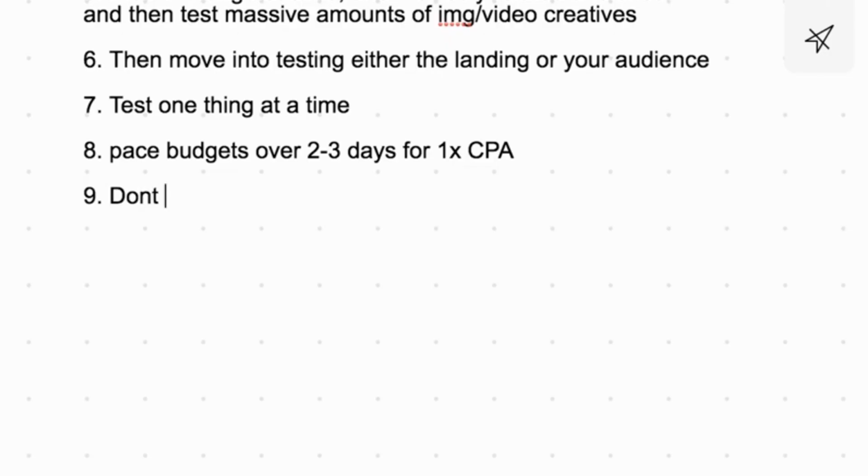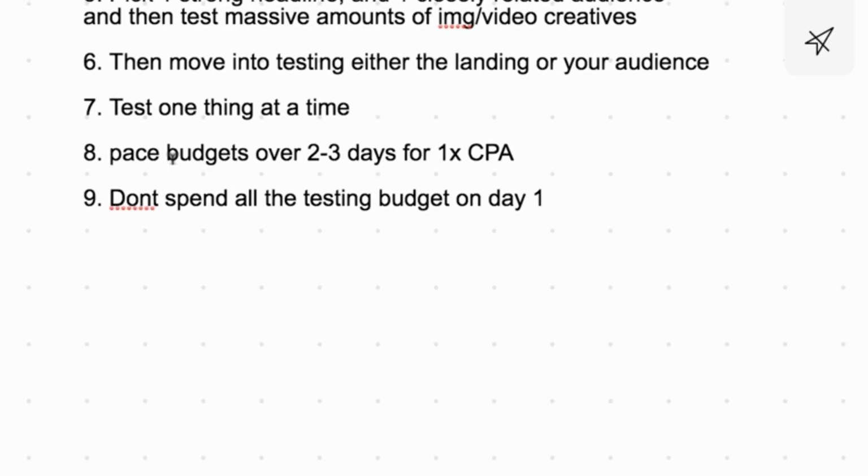Don't spend all the testing budget on day one. You want to pace it out because typically day one can be a little bit shaky as far as the results. It can be a little bit hit or miss. By giving it at least 2 or 3 days, you're going to be able to make better decisions and maybe not kill something that could have worked, or think something is working that actually doesn't work, right?